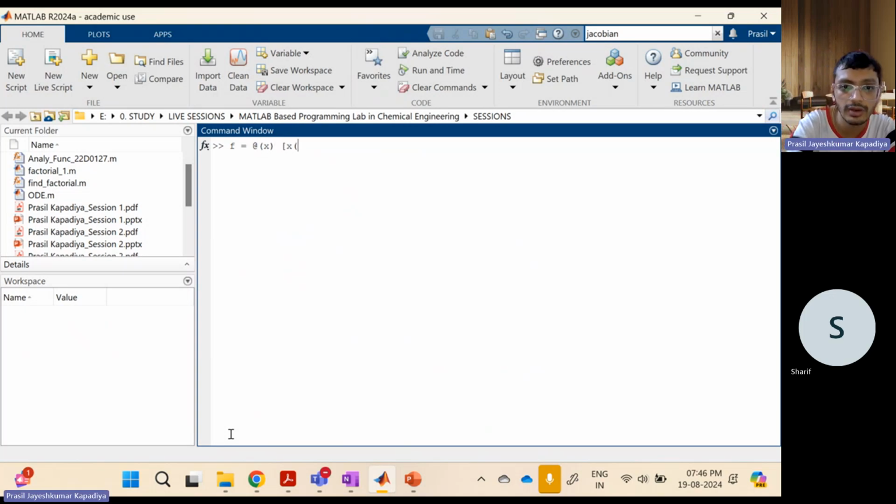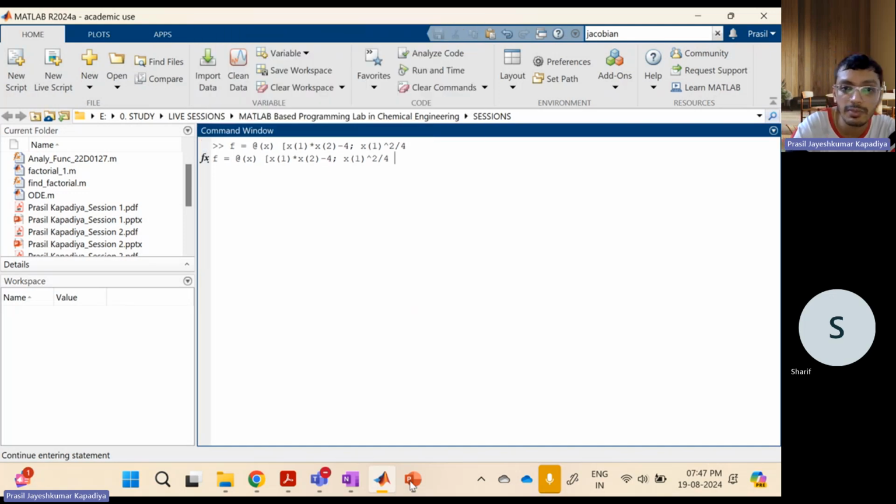That is my first equation. The second equation is x(1) square divided by 4 plus, no, I was not supposed to press enter.